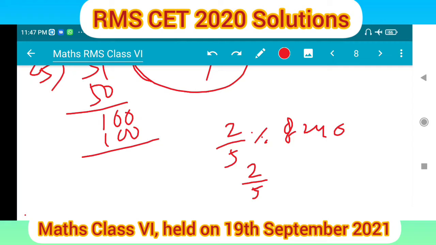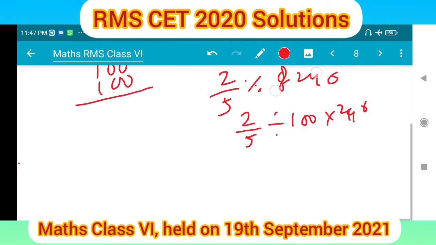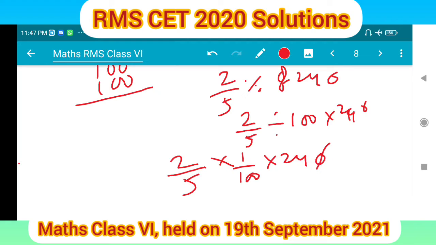Percentage means divided by 100, so 2 by 5 into 1 by 100 into 240. The 0 gets cancelled. 2 1s are 2, 2 5s are 10, so it becomes 24 by 25.